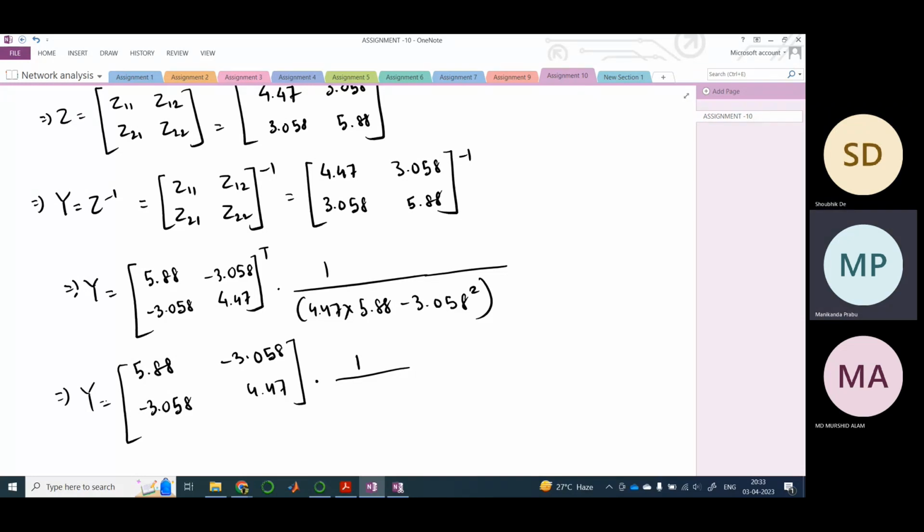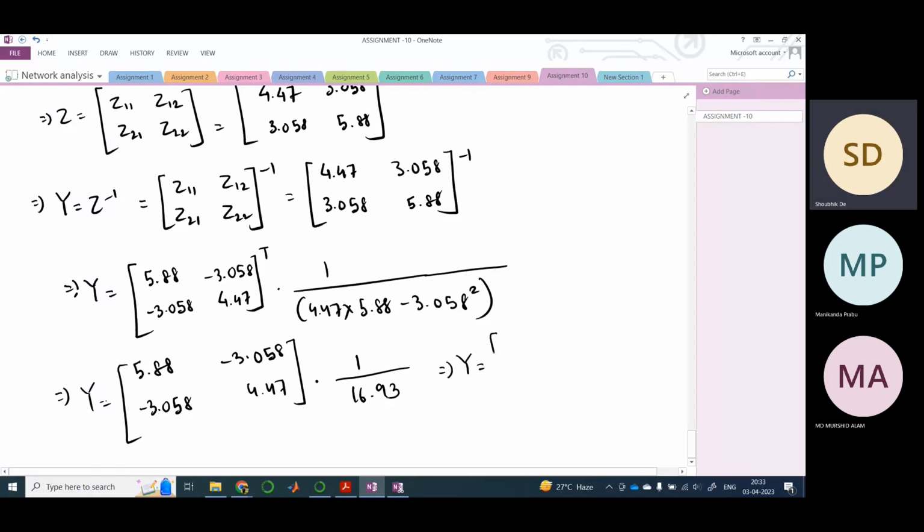Sixteen point nine three. 16.93. So now just divide it, right? So y, just let me do this. 5.88 by 16.93 is 0.347.